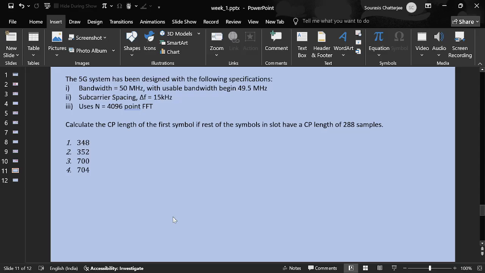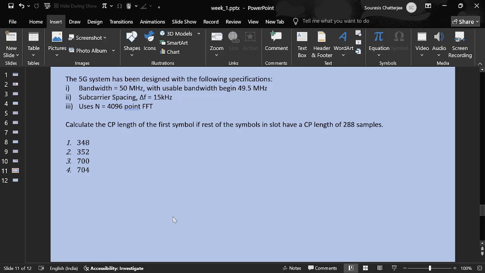The question mentioned that in the slot you have 14 symbols, and all of them are supposed to have 288 CP samples, but you will see there will be some extra samples basically added as CP on top of the first symbol. That is the reason.